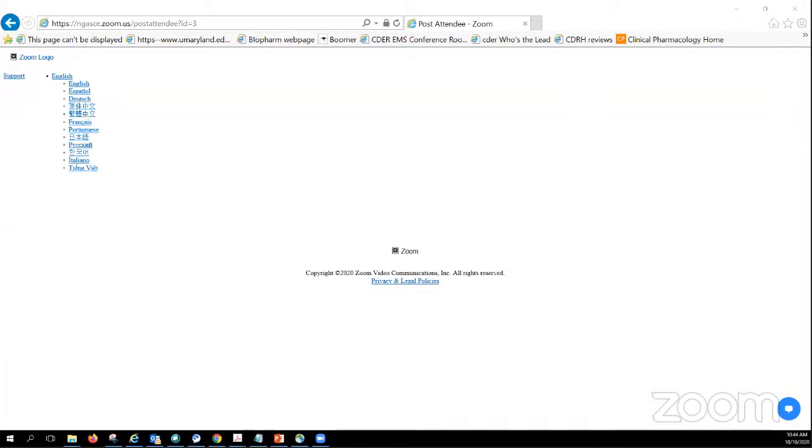Let me try one more. You have display screen 1, 2, 3, 4, whatever. Just share another screen, change the display screen number, and I'll tell you which one is correct. Okay, let me see. No, not this one. This is showing your browser.